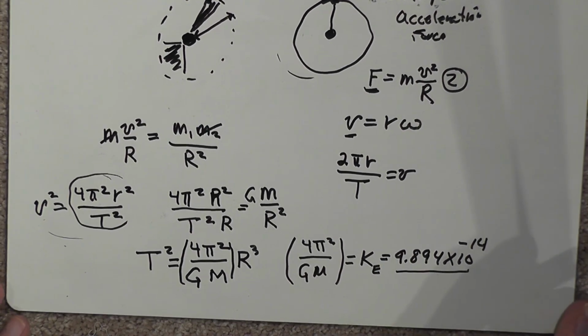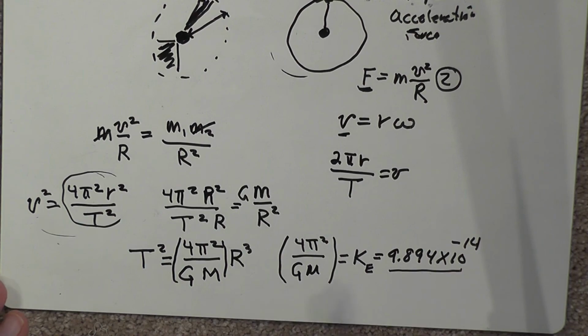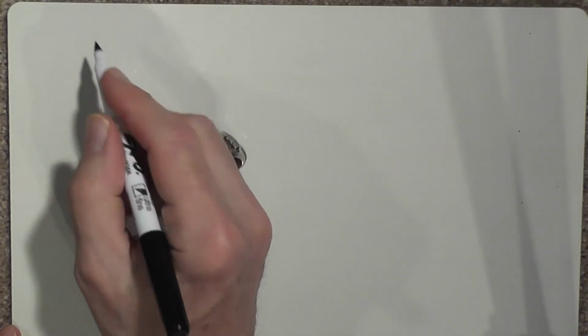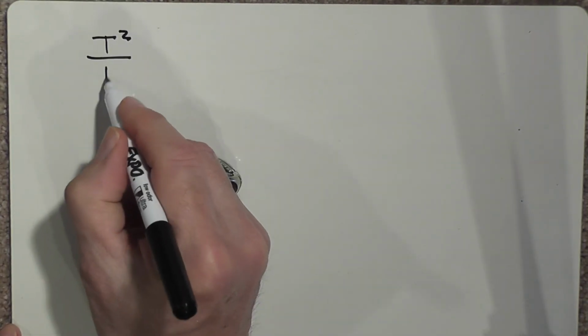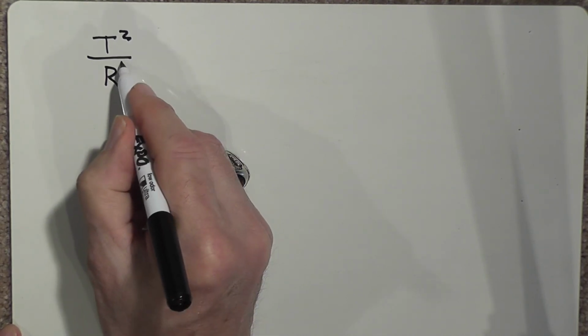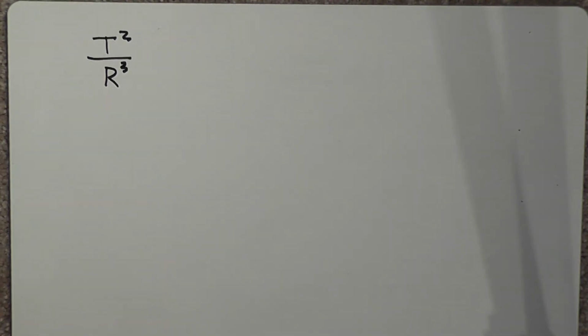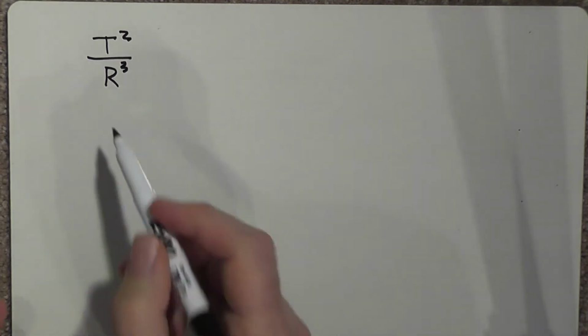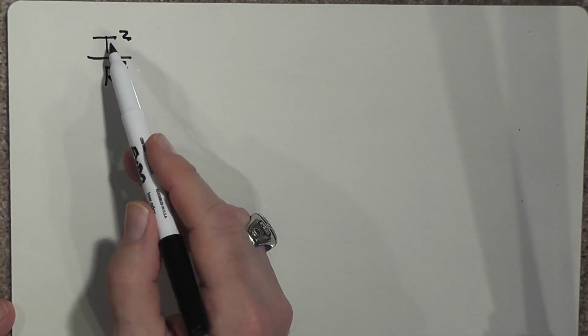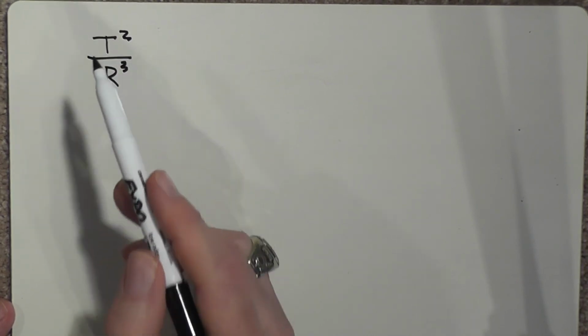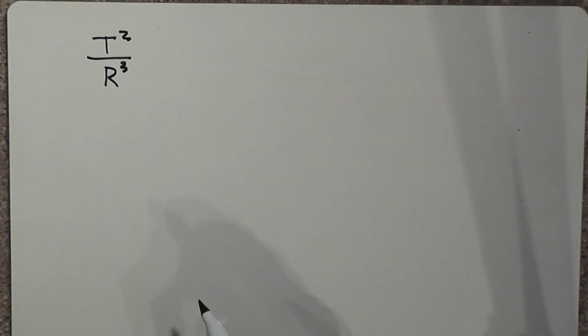Now, we can also find Kepler's constant by taking the square of the period divided by the distance cubed. Say this is the moon. Let's say this R is the distance from the Earth to the moon, and this is the period of the moon, say 27.4 sidereal days.